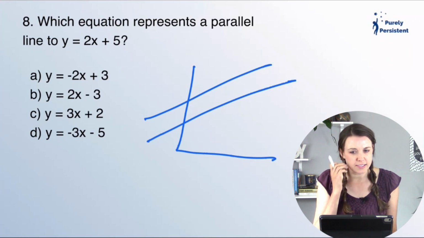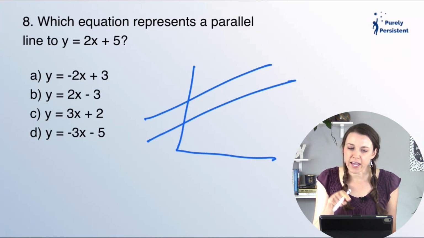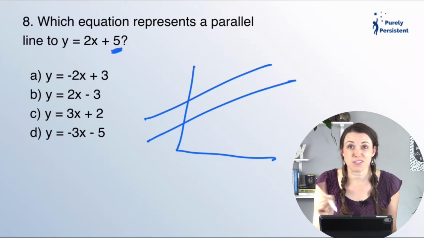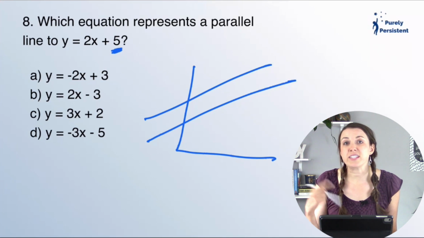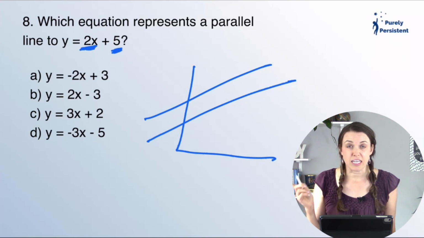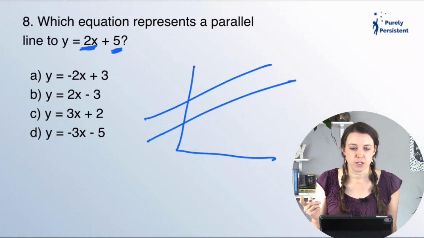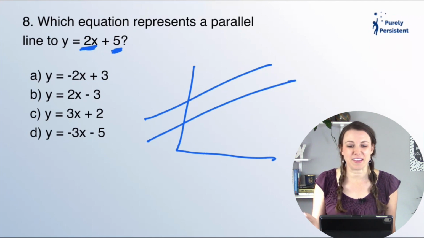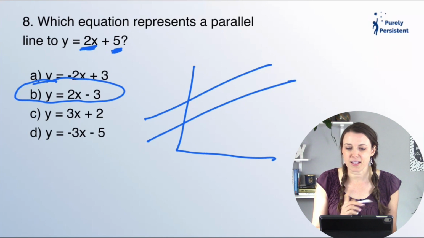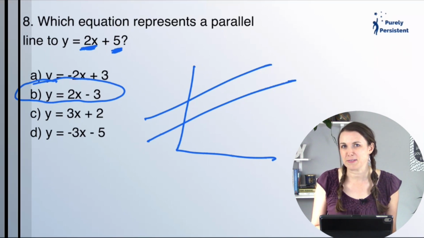So notice how the y-intercept, which would be like this right here, that doesn't have to be the same, right? But what does have to be the same is the slope. So this 2x needs to be the same if they're going to be parallel. So it looks like we only have one where they're the same. So our answer here is B, because those two lines are parallel.